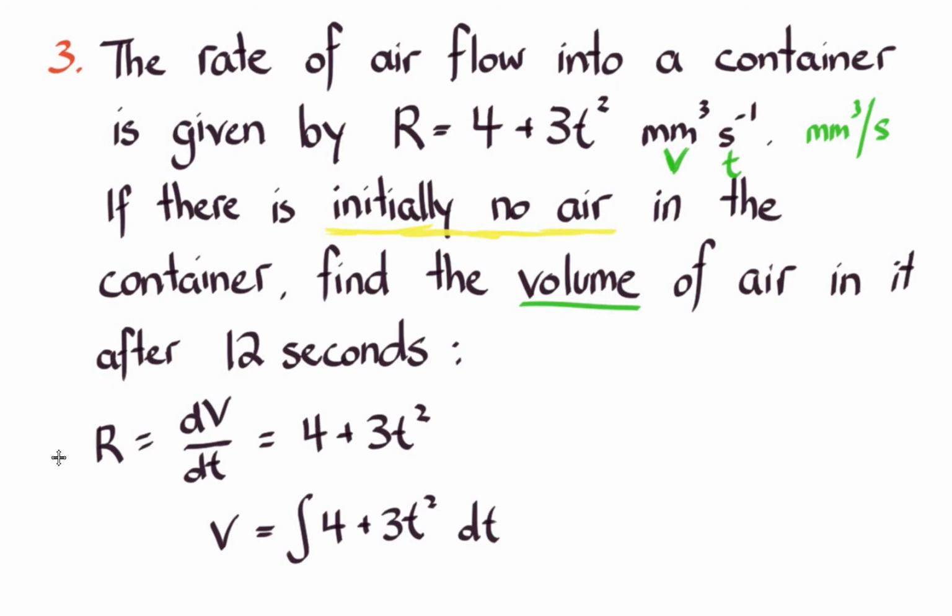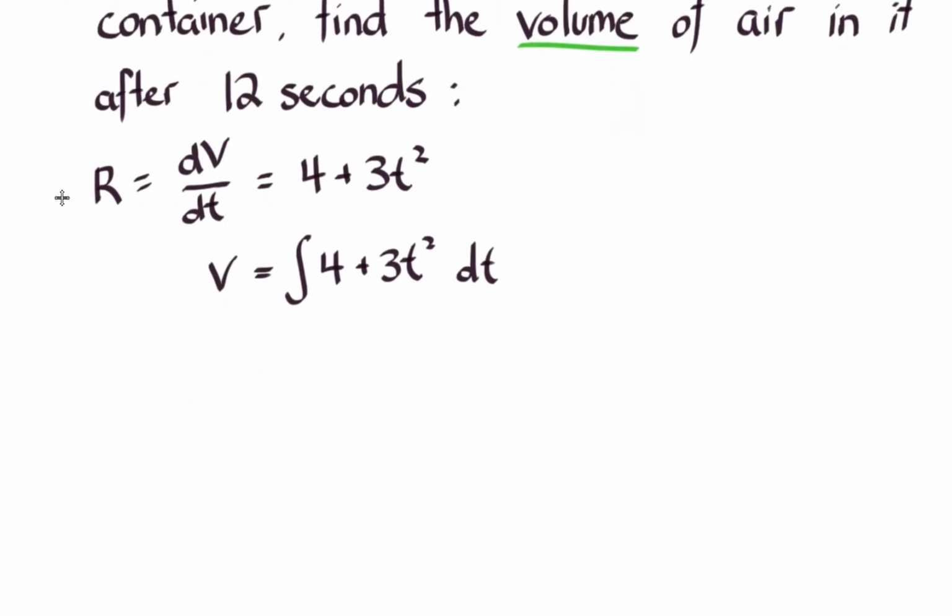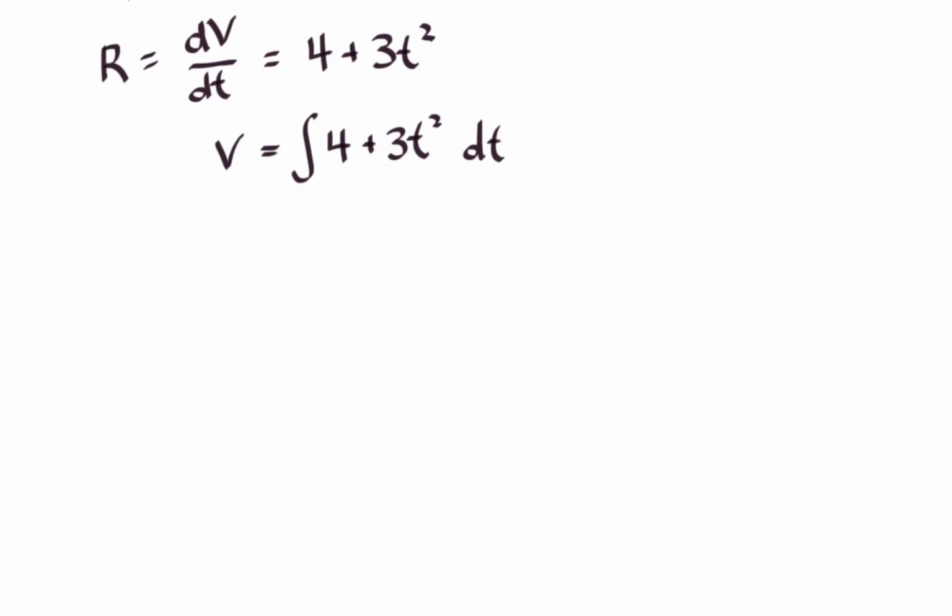Once again, we'll give ourselves a little bit more room. So the first term of 4, that's nice and easy. When we integrate, that just becomes 4t. The second term, 3t squared.